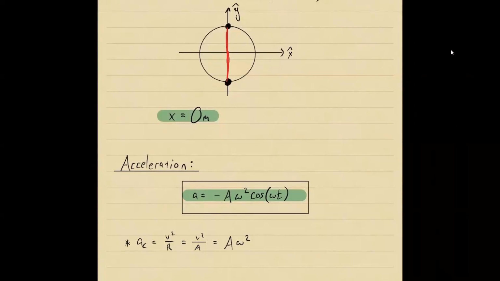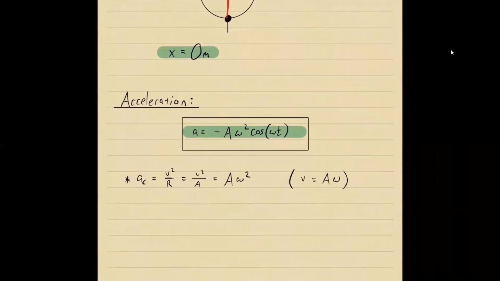We're using the result that the linear motion is equal to the angular motion times the angular stuff. So we take this, plug it in here, and this is what ends up being spit out.